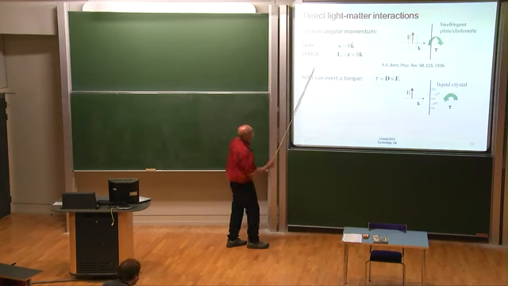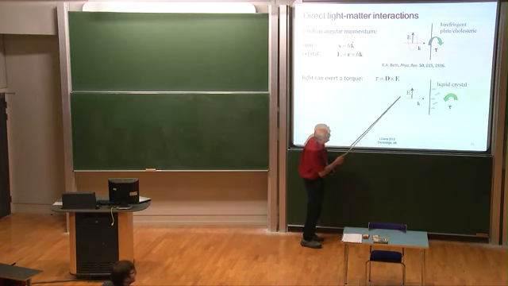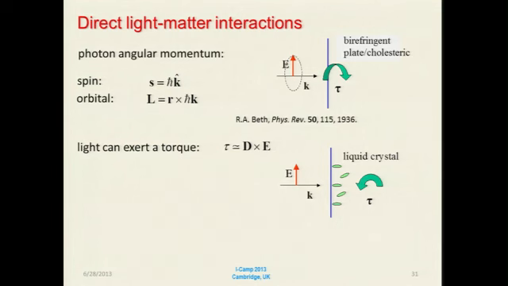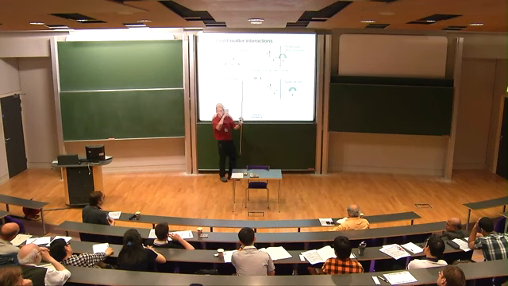And orbital momentum, that's kind of the same story, except here, imagine a nematic, which is oriented homeotropically, and in comes a plane wave. Imagine a photon hitting a periscope in a submarine.